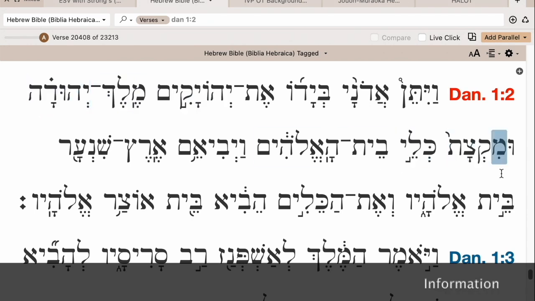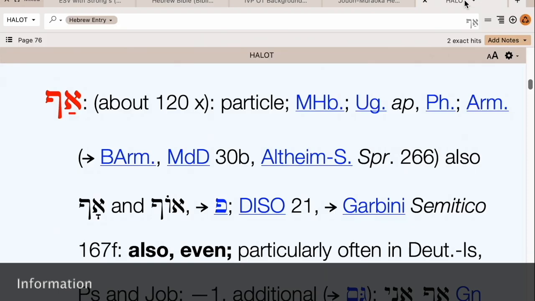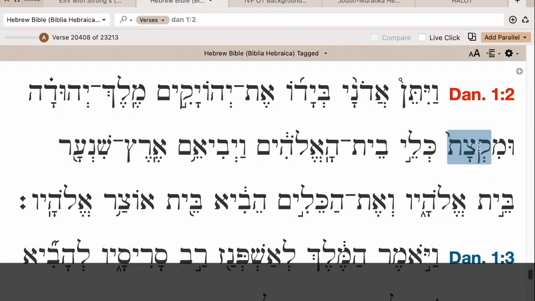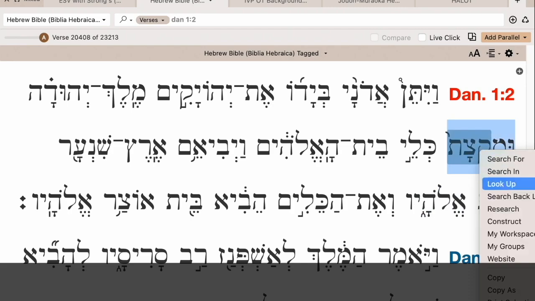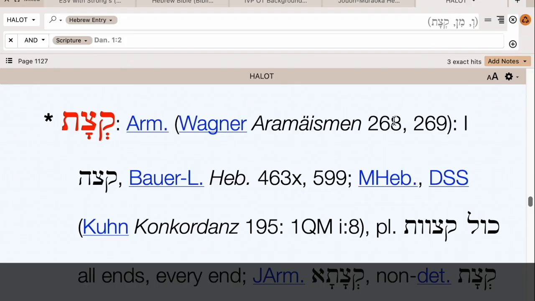Okay? And then we have umiktsat kelei, and literally it would be, and from, and we're going to translate miktsat here as some. Now you can see in the lexicon, whoop, that's not the right reference. I think I must have scrolled through before here. Let's go back to the right reference. There we go.